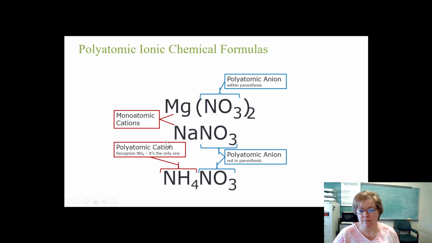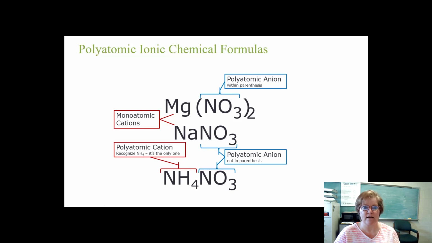In the second compound, I have NaNO3. I have 1 sodium +1 ion and 1 NO3 nitrate -1 ion. Because there's only one of them, I don't need the parentheses. So it's a little bit harder to tell that there's a polyatomic ion there. I could also have a polyatomic cation and a polyatomic anion. One of our primary polyatomic cations is the ammonium ion.